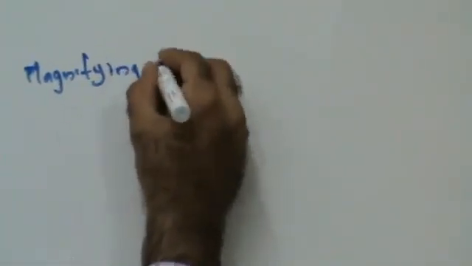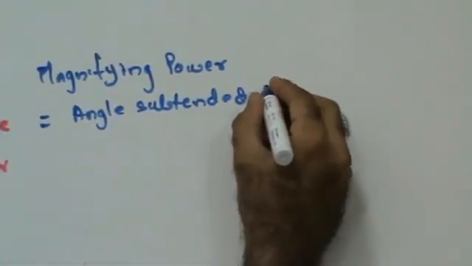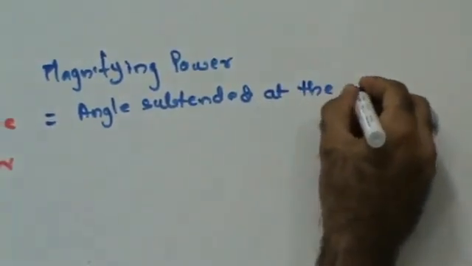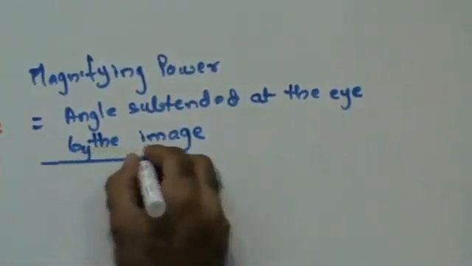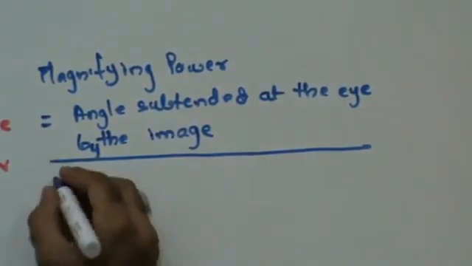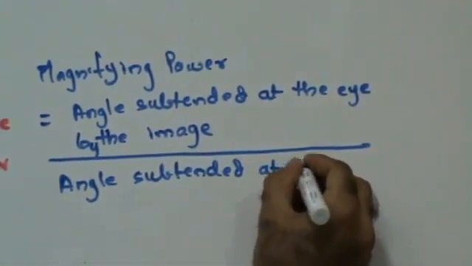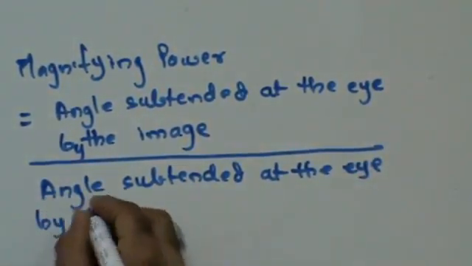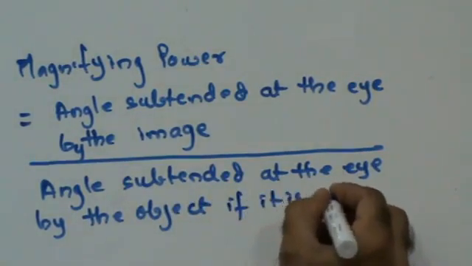I can therefore say that magnifying power is the angle subtended at the eye by the image to the angle subtended at the eye by the object, if it is at DDV.